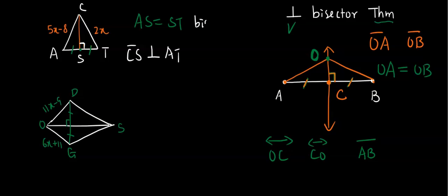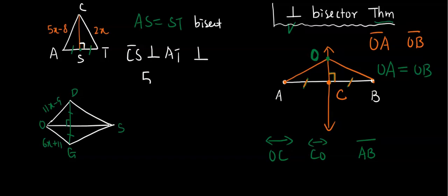So we have a bisector and we have perpendicular, which means segment CS is indeed the perpendicular bisector. Now, by the perpendicular bisector theorem, we know CA and CT have the same distance.